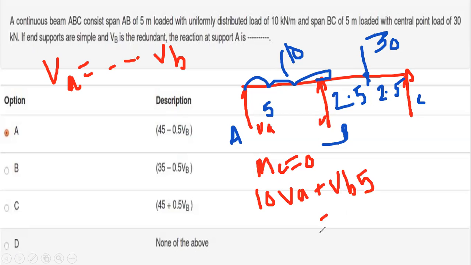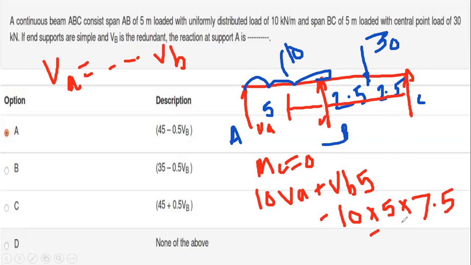Then minus moment of the UDL about point C, it will be 10 into 5, and the perpendicular distance will be 2.5 plus 5, so 7.5. This is the bending moment of the UDL about point C. Then again minus moment of the 30 kilonewton load about C, anti-clockwise, that's why minus 30 into 2.5, is equal to 0.